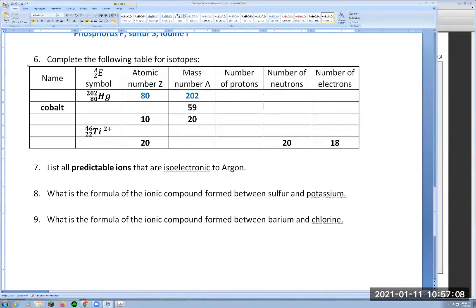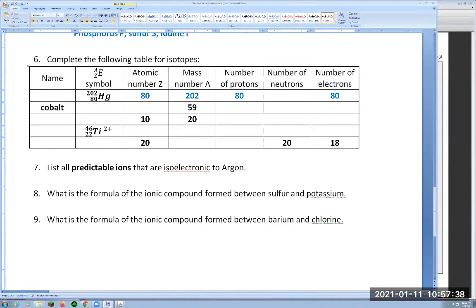The atomic number represents the number of protons, by definition, so we have 80 protons. Because this is neutral, there is no charge, so there are also 80 electrons: 80 positive charges cancelled by 80 negative charges from the electrons.